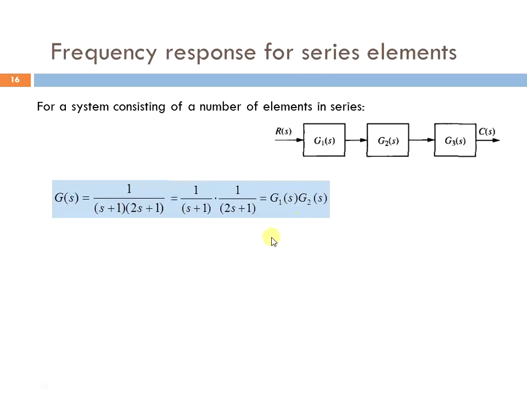And it may be convenient sometimes to consider these two subsystems separately, and we use the rule that, given two complex functions or numbers z and w in polar form, the magnitude of the product is the product of the magnitudes of the two complex numbers, and the phase is the sum of the separate phases.